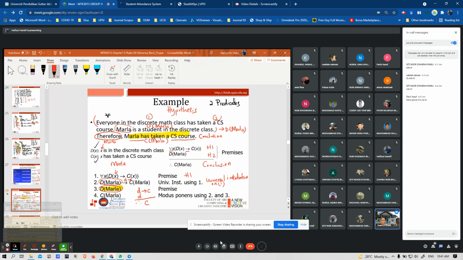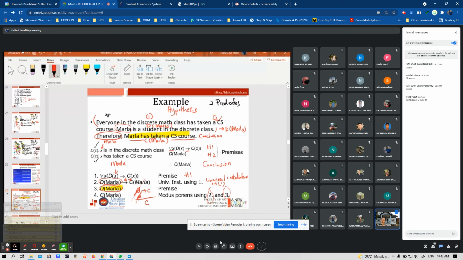Then we have modus ponens using 2 and 3. We eliminate D, the premises, and as a conclusion we have C(Marla): Marla has taken computer science courses.